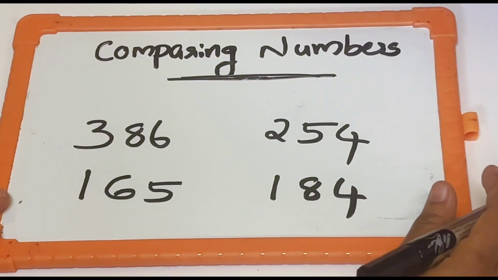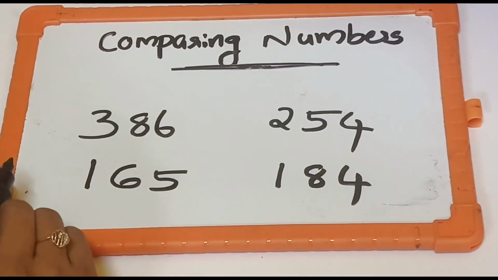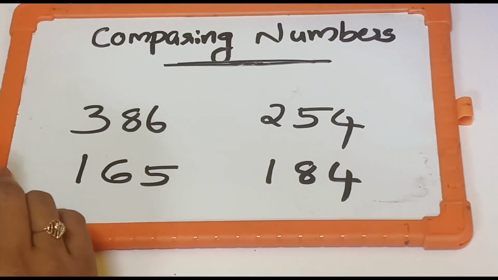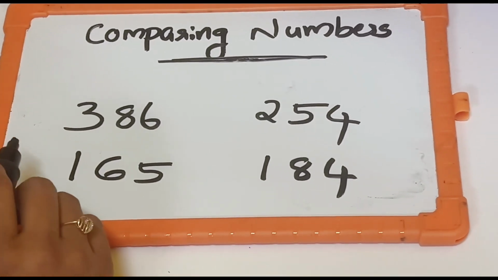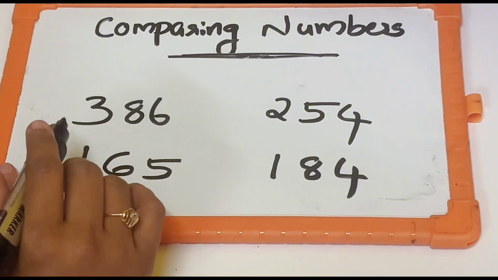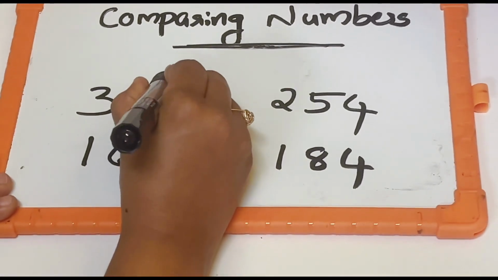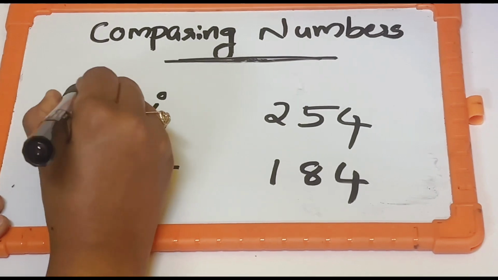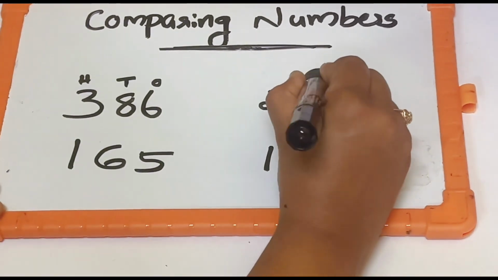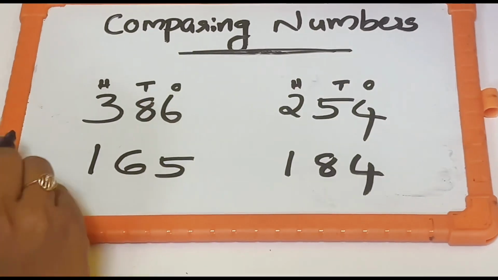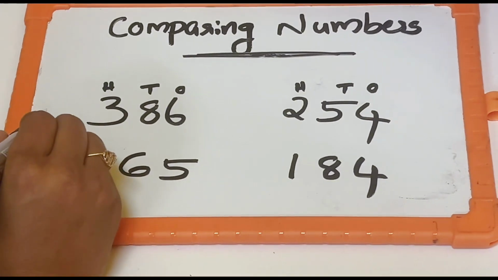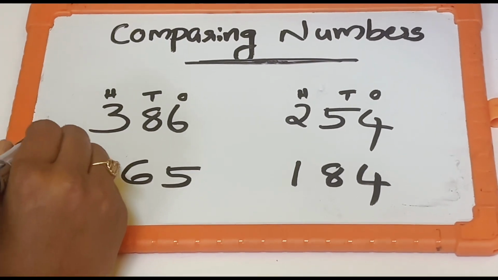Let's see some 3-digit numbers. How do we compare 3-digit numbers? Same as 2-digit numbers, we check the position of each digit: ones, tens and hundreds, and here also ones, tens and hundreds. We already said the comparison starts from the left.